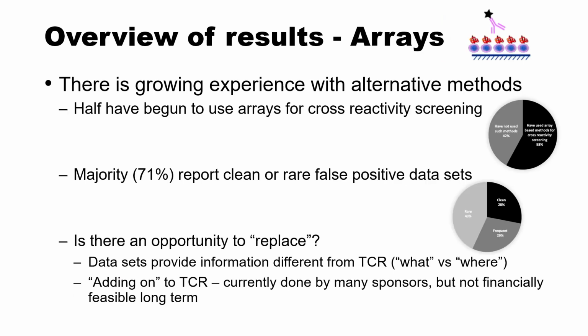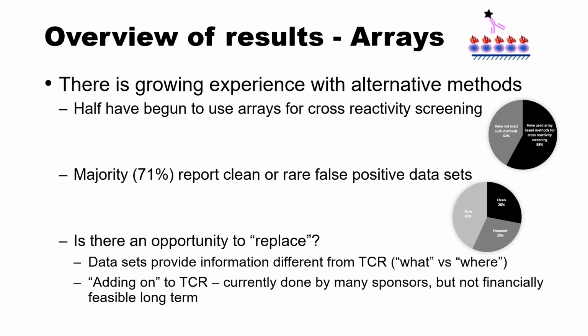Now, have sponsors started to use alternatives to the tissue cross, namely arrays? Approximately half of the 26 have begun to use arrays for cross-reactivity screening. And the majority of these have not found that they are generating overtly uninterpretable data sets. They report mostly clean or rare false positive data sets that they deem to be quite valuable in understanding the specificity of their antibody.